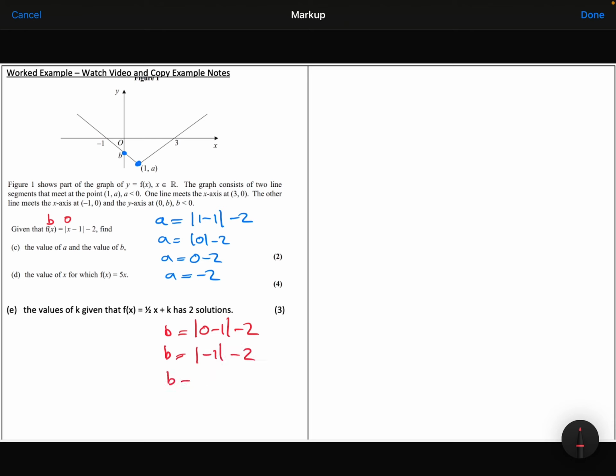The modulus of minus 1 is plus 1. So 1 minus 2 is minus 1. So there we go. I have worked out that a is minus 2 and that b is minus 1.